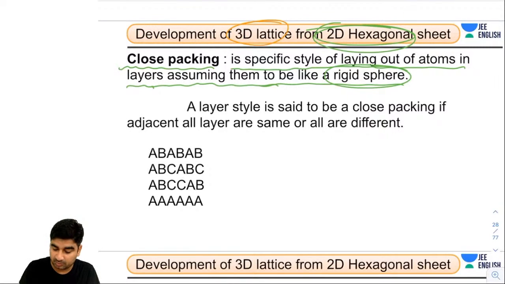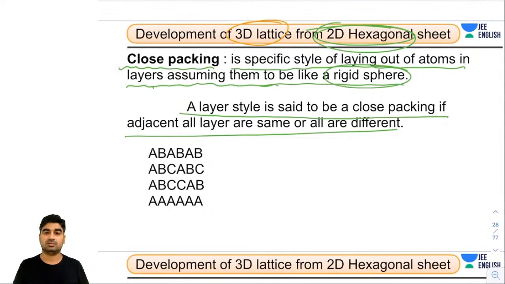Now an arrangement is said to be close packing if adjacent layers are all the same or all different. So guys, when you are arranging the atoms in layers, if all layers are the same, then it will be called close packing. If all are different relative to each layer, then it will also be close packing.